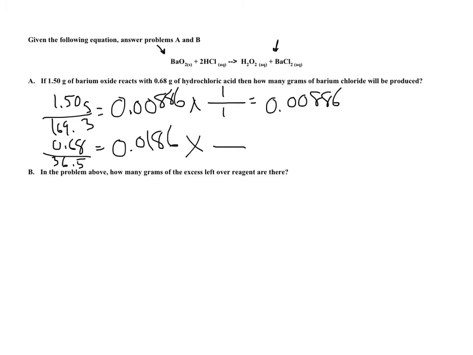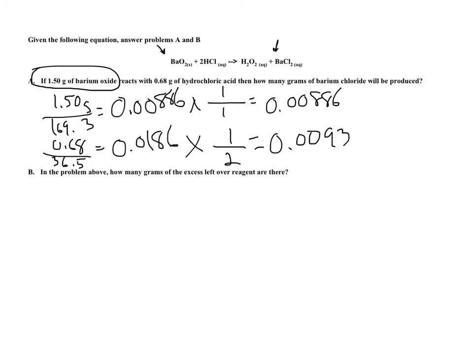So the coefficient here is 2 for the hydrochloric acid and 1 again for the barium chloride, which means that the number of moles of barium chloride that we would get here would be 0.0093.